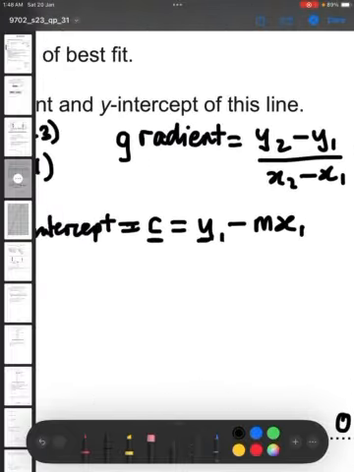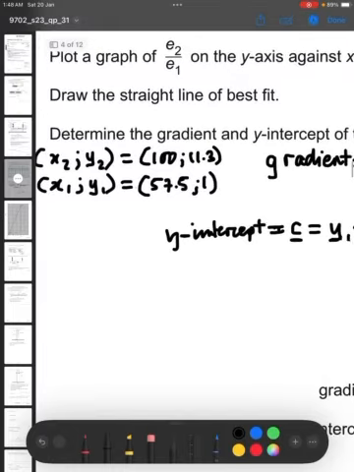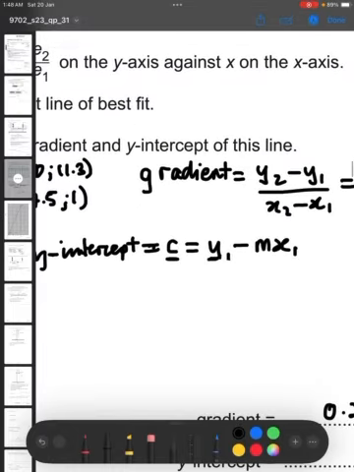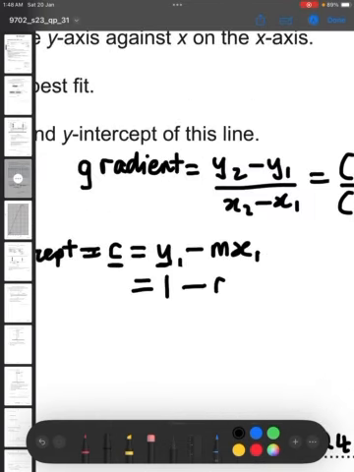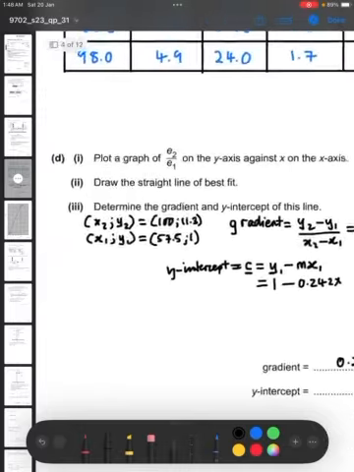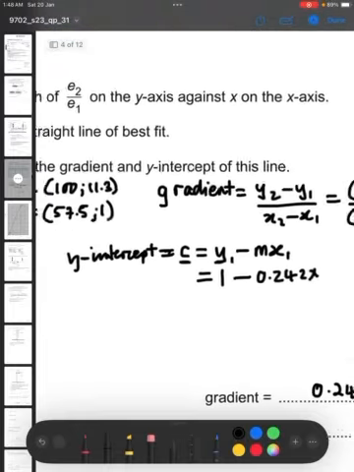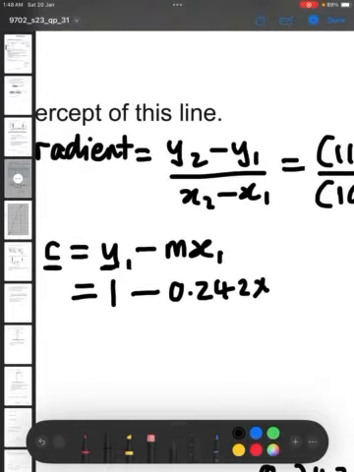So I'll take the value of y1, which is 1, and say 1 minus the value of m, the gradient that I just found, 0.242, multiplied by x1. The value of x1 is 57.5.